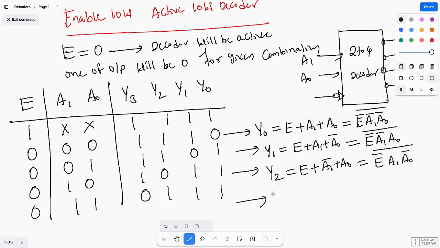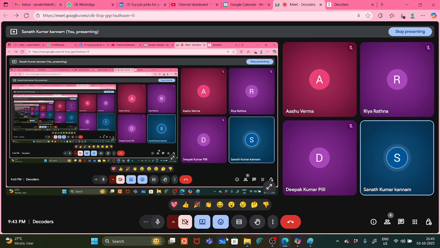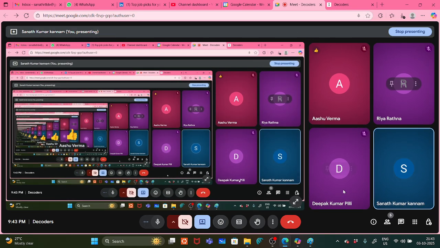And next Y3 equal to enable plus A1 bar plus A0 bar, which is equal to enable bar, A1, A0, whole bar. From this you can draw the logic diagram by using NAND gates. Enable is given through the inverter. Hope you can draw the logic diagram. Shall I move forward? Okay, done.